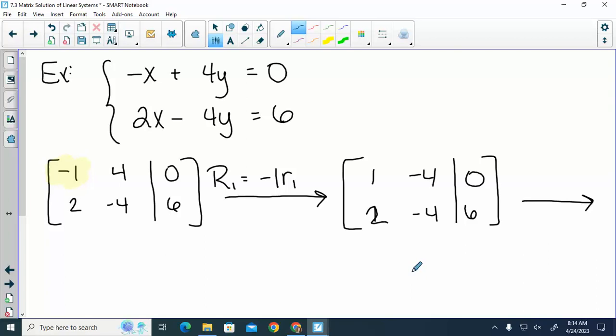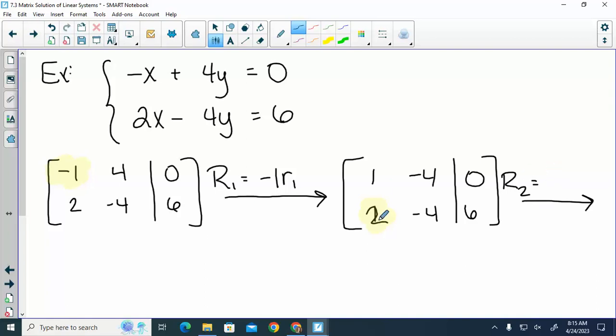What next? We need a 0 in row 2, column 1. So we're changing row 2. There are 2 different ways we can get that to be a 0.